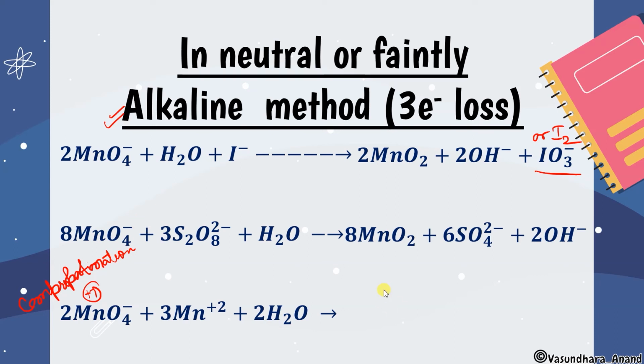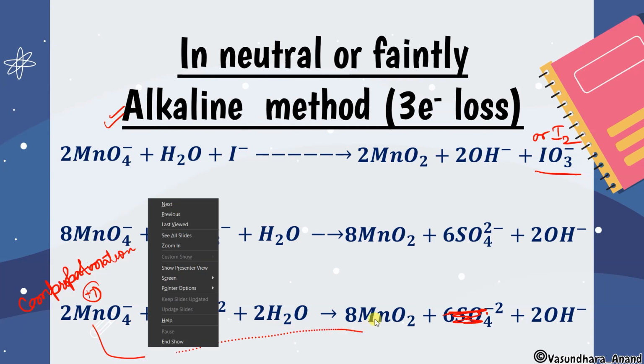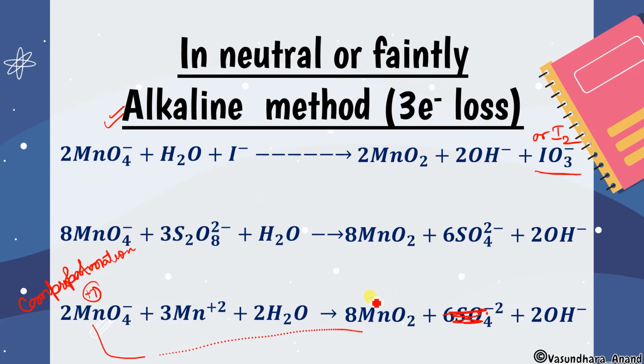This will give MnO2, and OH will be there. One second, this is by mistake here. SO4 will not be there. Sorry. Okay, MnO2 plus 2OH minus. Because here plus 7 and plus 2 go to plus 4, we can see plus 4. That means there is reduction over here.